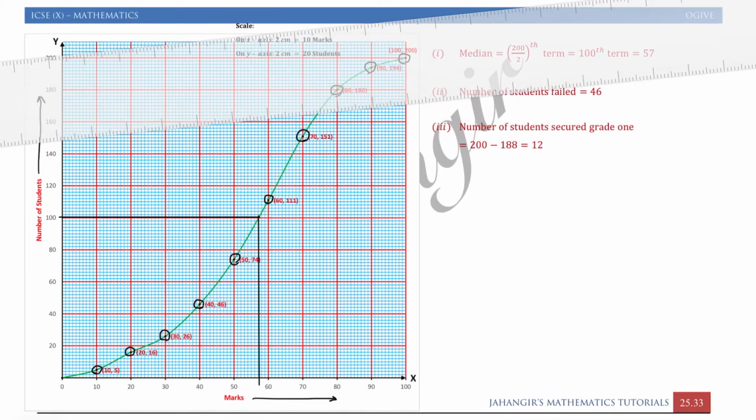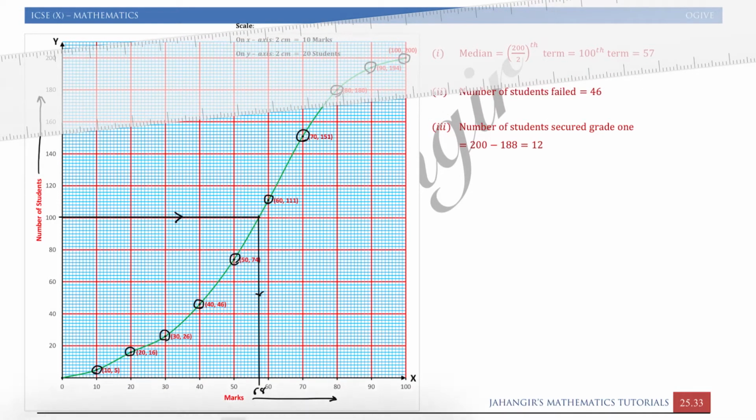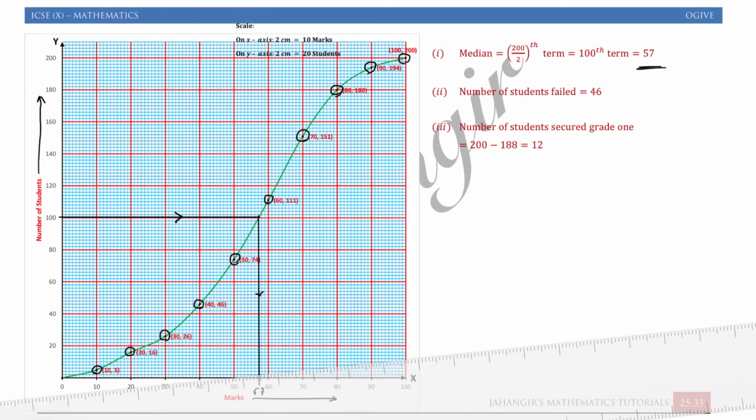So what it looks like, at 100 if we are taking a horizontal line and then a vertical line from the graph, it is 58 or 57. Let me check, it is 57 because 3 blocks are left from 60. Okay, so it is 57.